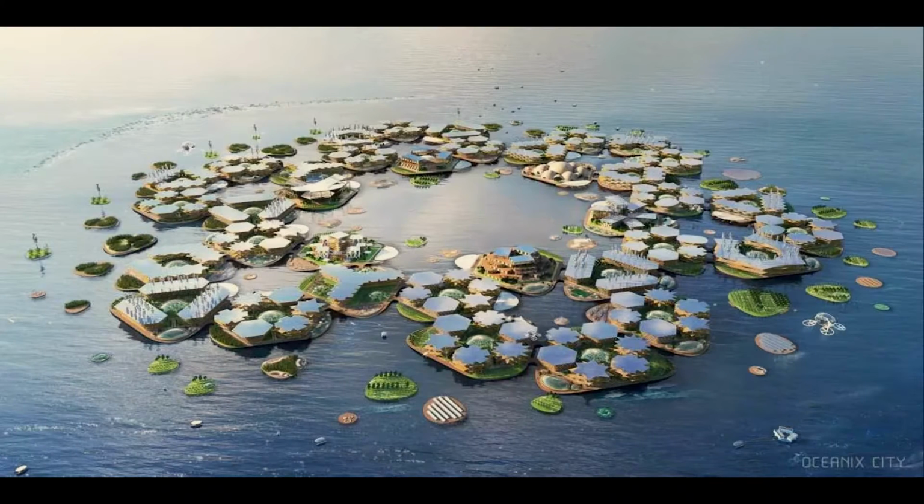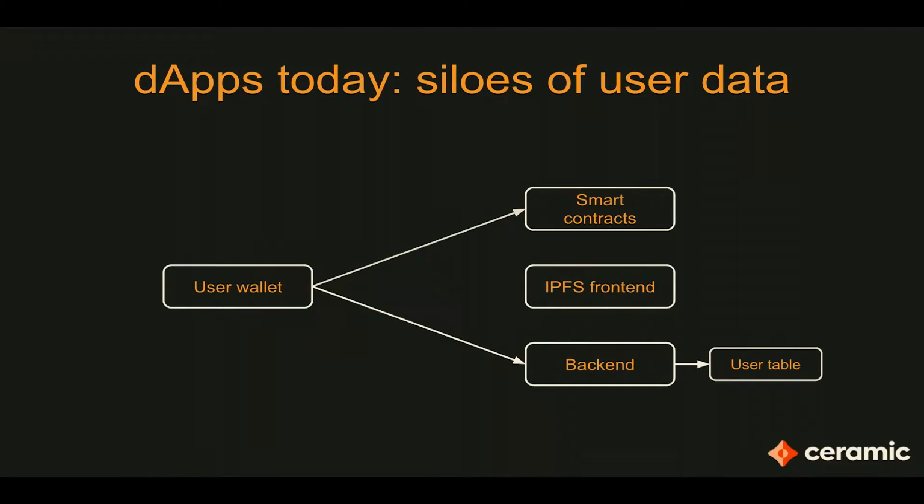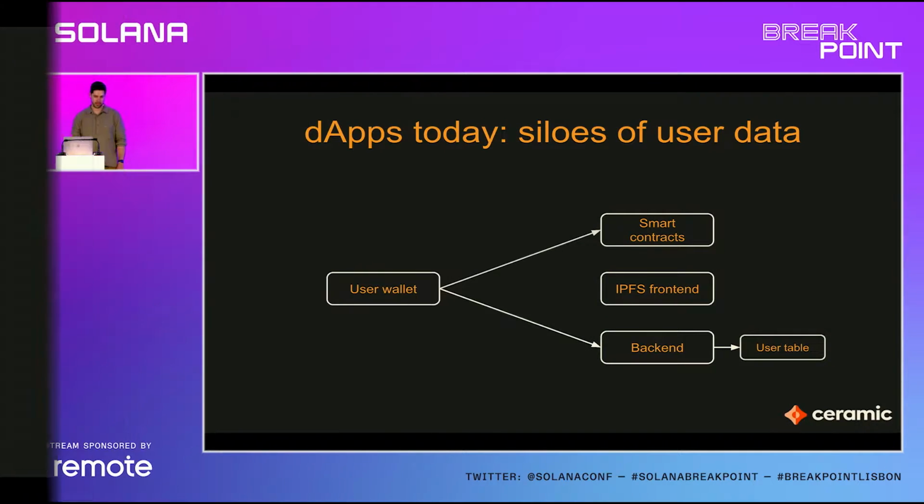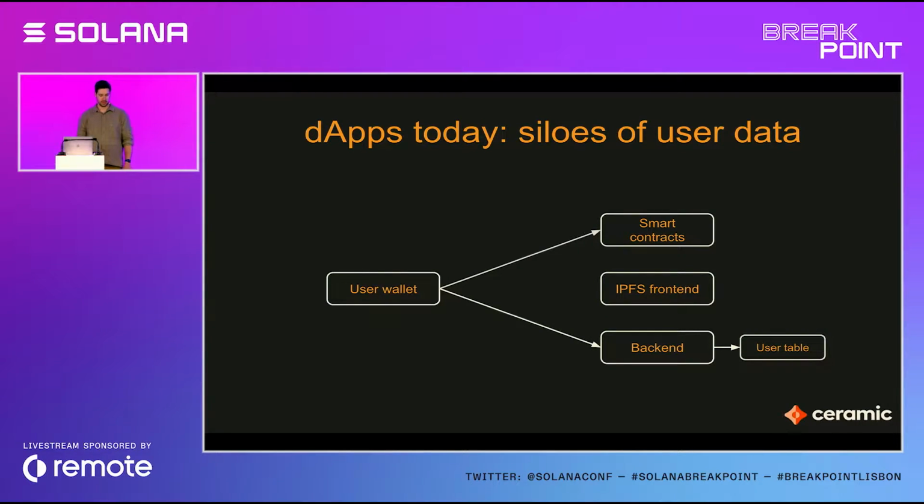I think we look more like the picture on the last slide, but replacing the tech companies' names with blockchain names, and maybe some storage companies. So this is how most centralized applications look today. You have essentially silos of user data. You have the user's wallet, their smart contracts, maybe IPFS or Arweave or Sia Network or any other decentralized storage backend, and a user table.